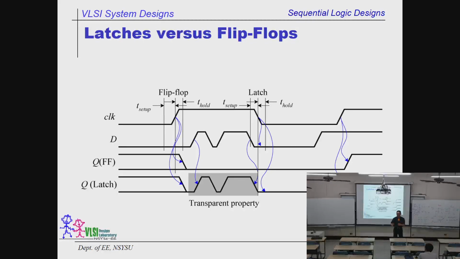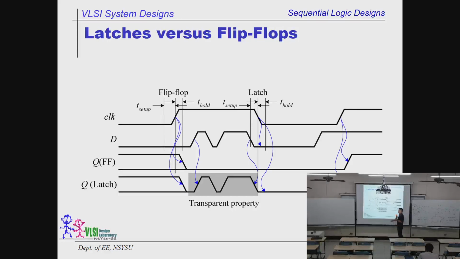After the edge, it is called the hold time. So you have to make sure the data D stays there, don't move. If it is bouncing in this duration, then you don't know what you are sampling. It's the same over here. The data must be stable before T setup and stable after T hold.